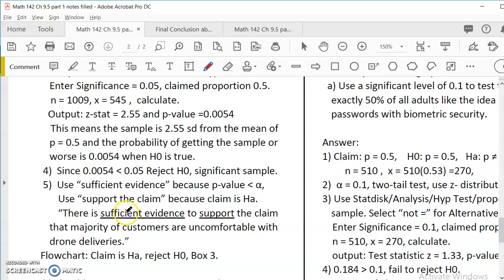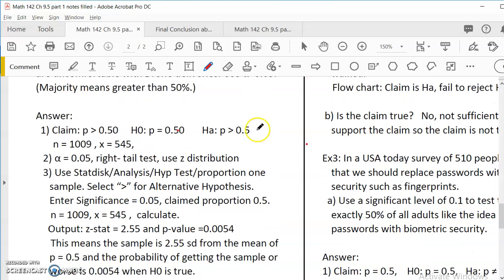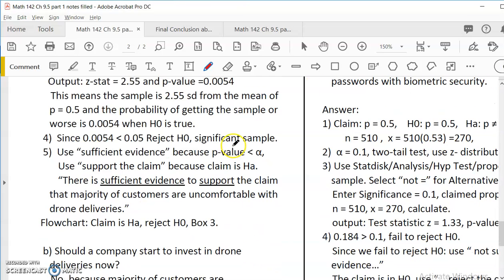You have sufficient evidence. What should I do? My claim is here. I'm rejecting the null, so I would be supporting the claim, because the claim is HA. So there is sufficient evidence to support the claim that a majority of customers are uncomfortable with drone delivery.